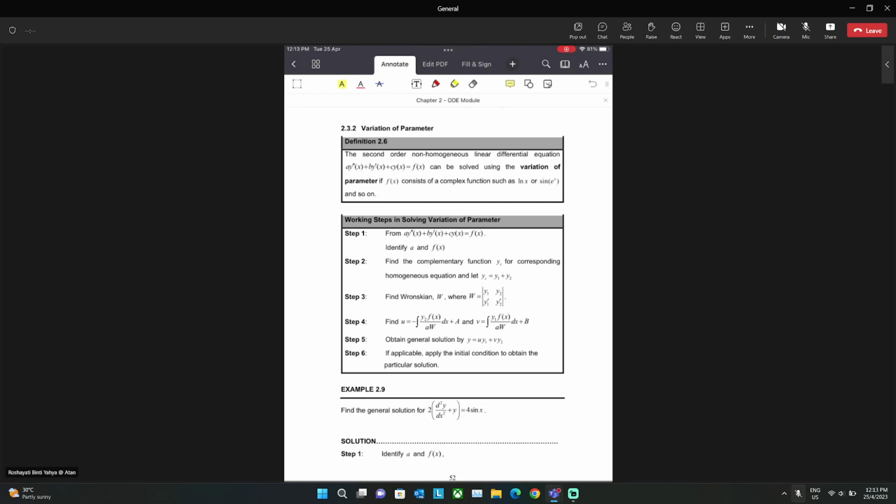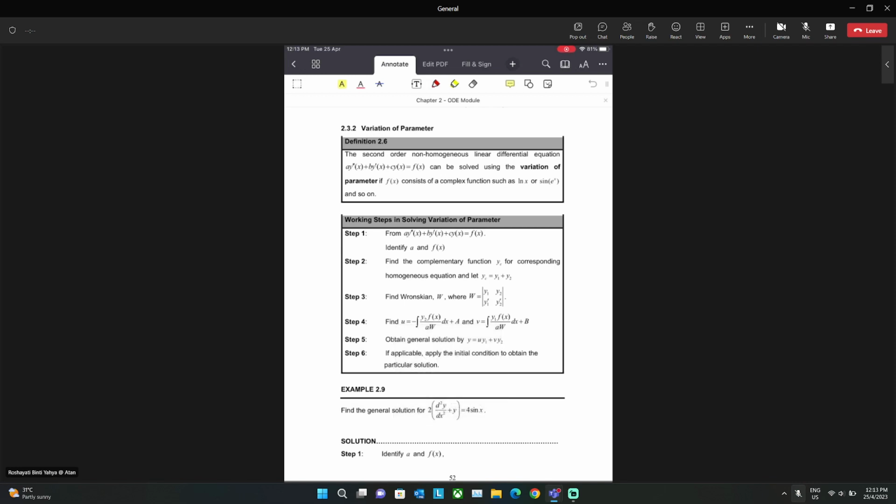Okay, so in this chapter 2, actually second order, the difference is homogeneous and non-homogeneous tau.